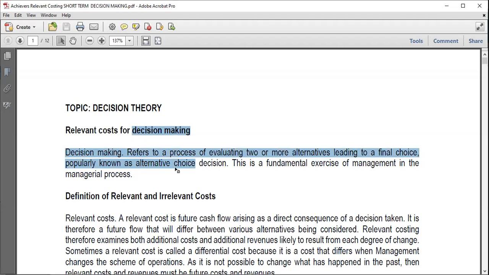So today we want to interest ourselves in this topic of relevant cost for decision making. Now, on a day-to-day basis, of course, we make decisions. I already shared these notes with you. I can just share this in the chat box for those that are joining.